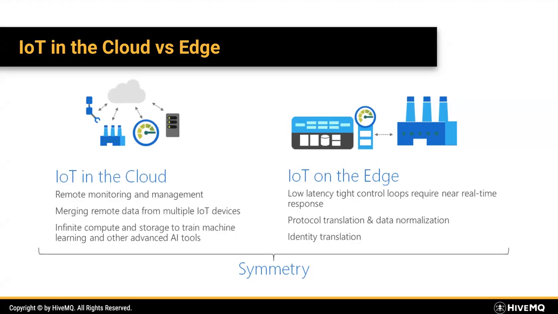All of these sensor level details, or communication between devices or machines, in some cases do not concern the cloud, because the cloud is maybe just interested in the results or only in the important bits of this communication. And this is another reason, just to summarize, why we need IoT on the edge as well. Next one.